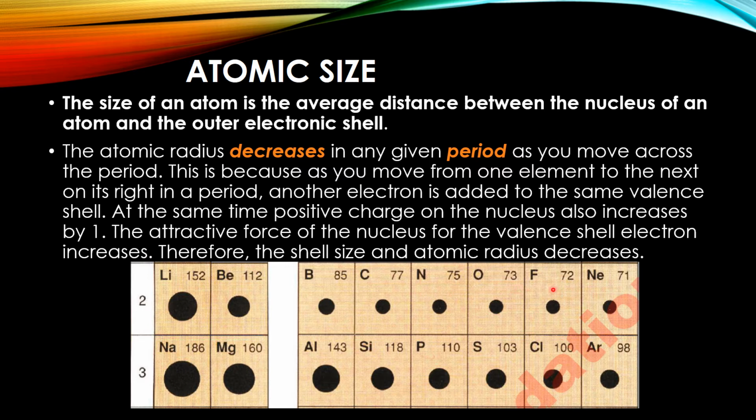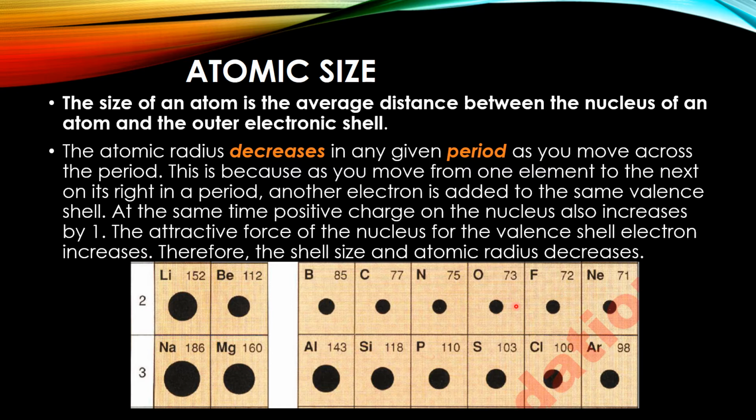the right side. So when we are moving in a period, the atomic radius decreases because the attractive force between the nucleus and the valence electron is increasing, due to the increase in the number of electrons and protons in the same shells. That is the reason the effective nuclear charge is increasing.